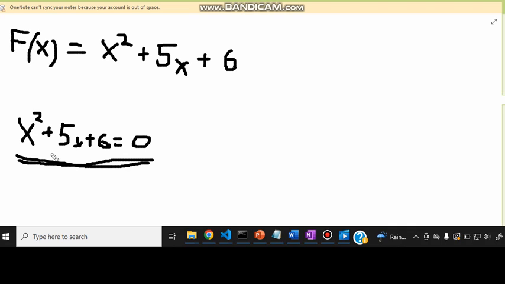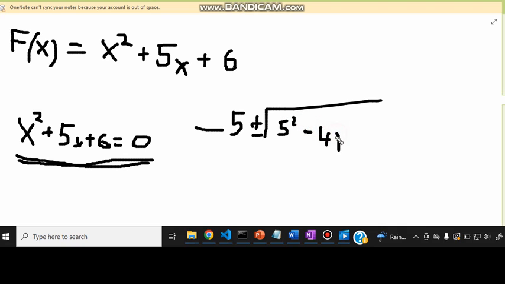Can you remember what to do? Okay, so from here, you can use the minus b formula. So you could go minus, well, you can pause and try and do it, but I'm going to do it now. Minus 5 plus or minus the square root of 5 squared minus 4 times 1 times 6, all over 2 times 1.